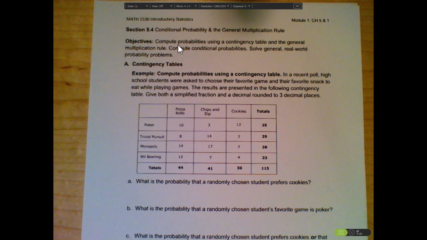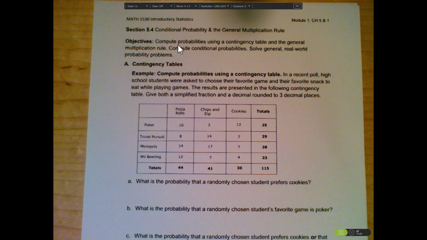So we see our contingency table here where the columns are the responses to the snacks that they chose to eat. They were given these options: pizza rolls, chips and dip, and cookies. And the rows are the games that they were given to choose from: poker, Trivial Pursuit, Monopoly, and Wii Bowling.